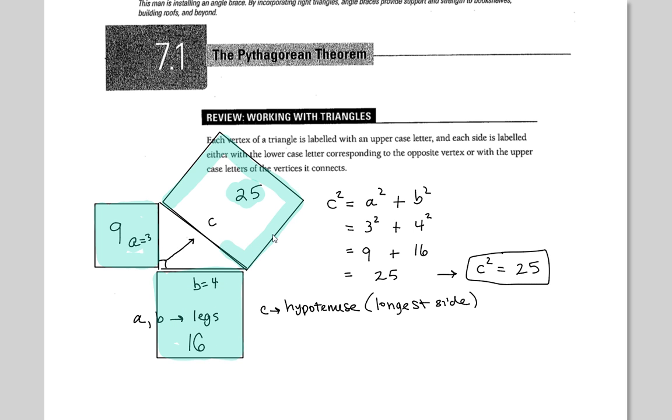So what we're trying to find out is the length of the hypotenuse, C. So if the square is 25, then you take the square root of both sides. After you square root, you get that C is 5. So that's the famous 3, 4, 5 right-angled triangle.